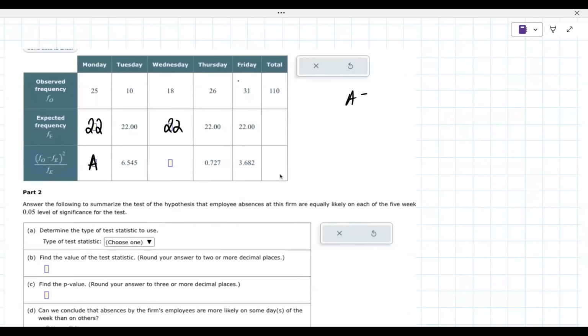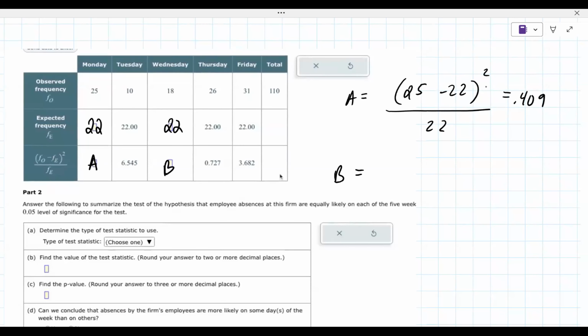So A is 25, that's the observed, minus the expected 22, squared, over the expected 22. That's 3.409.